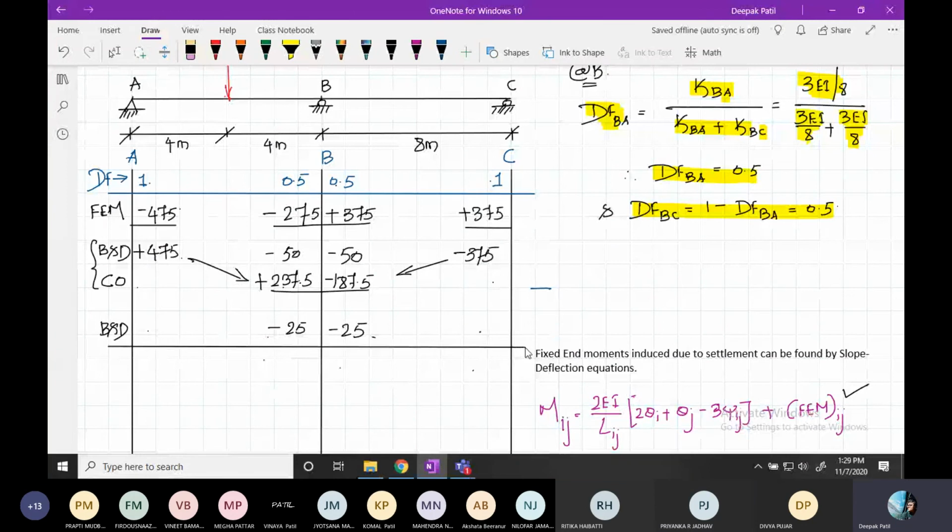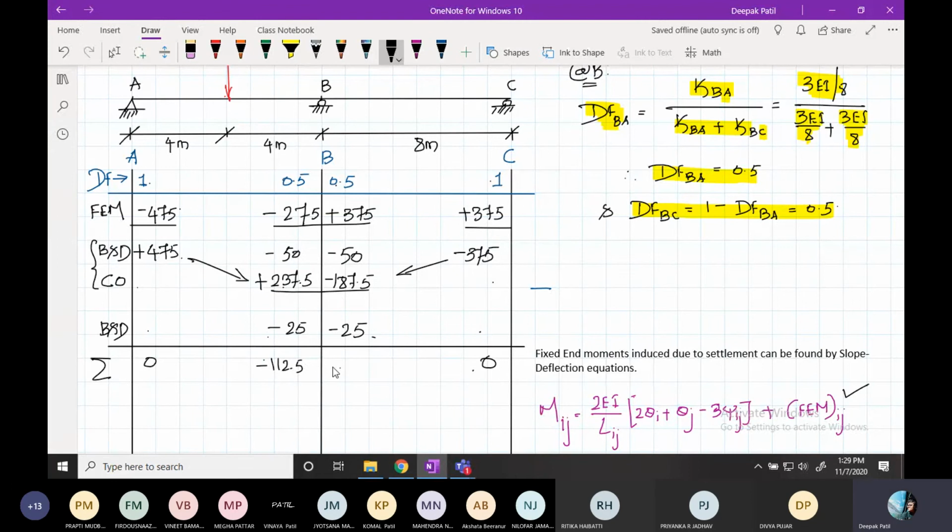So draw the horizontal line. Okay. Add all these things. Of course, you should get 0 here, because A and C are roller supports. So here, if you add all these things, you will get minus 112.5.